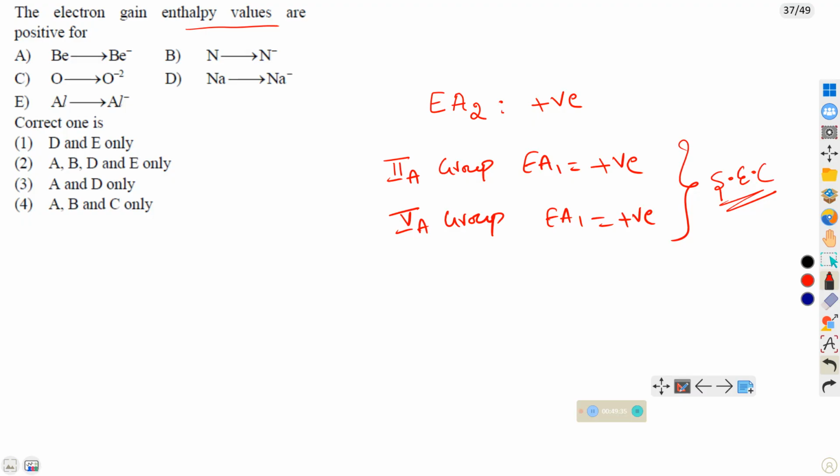So we must supply some amount of energy, then only addition of an electron is possible. Here 2A group positive, 5A group positive, and O converted to O2 minus, that means electron affinity is positive. So A, B, C positive, remaining cases negative.